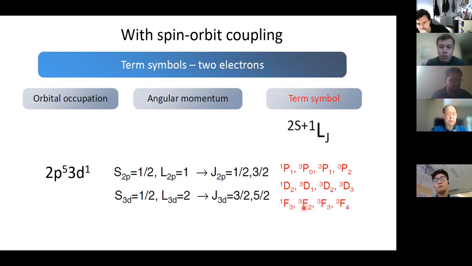Okay, so we now realize that once we consider the spin orbital coupling, we have so many possible states for this simple two-electron system, right? It's just two electrons, but it has so many possible energy states. But the question is, are all those transitions possible?